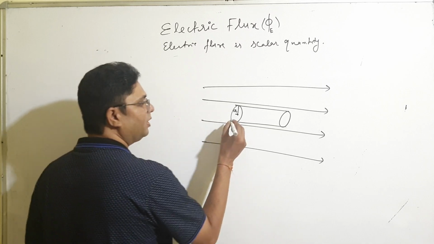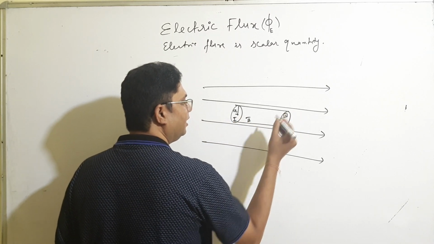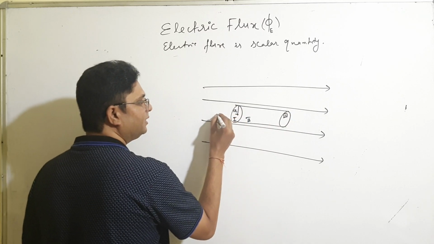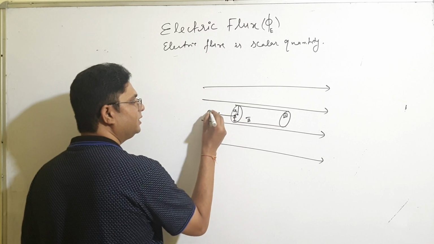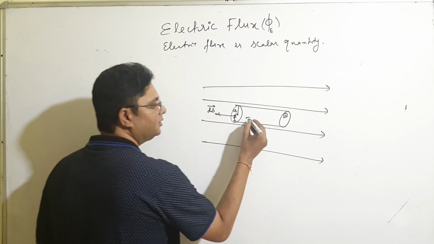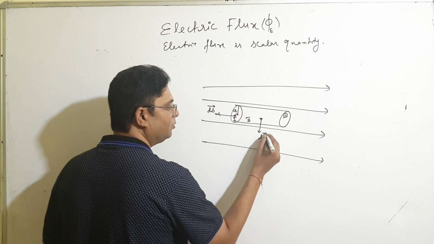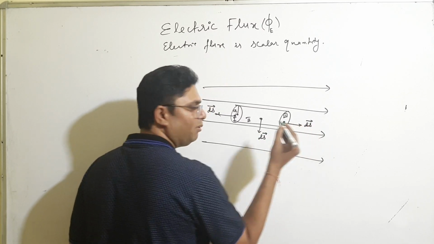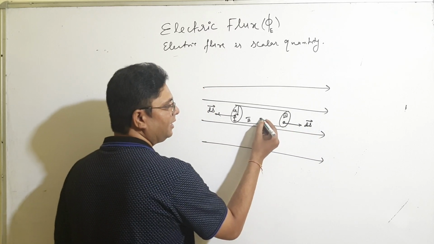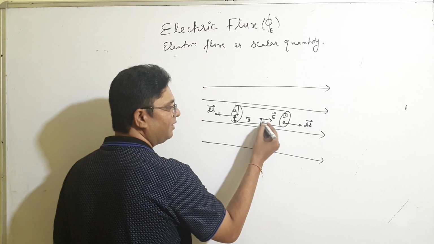For solving this, we have surface 1 here, surface 2 here, and surface 3 here. From surface 1, this is the direction of the area vector. Let the small surface be ds. In surface 2, this is ds, small surface 2. Here you have a small surface area ds. The electric field is in this direction, so electric field and surface area have a 90 degree angle.